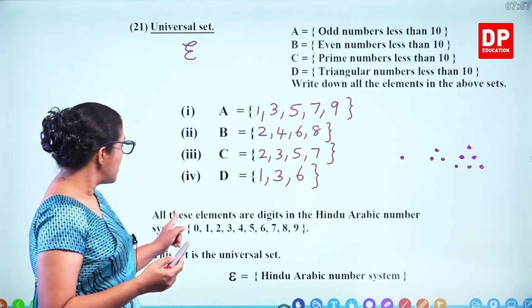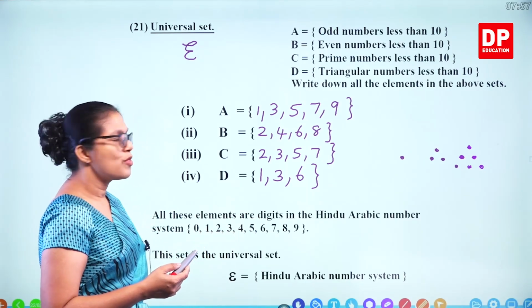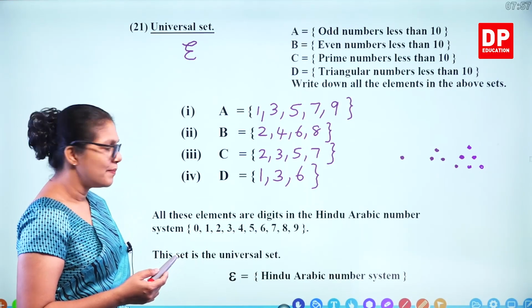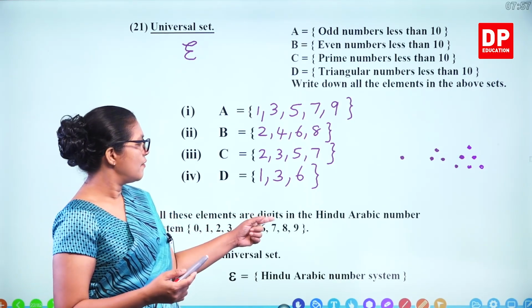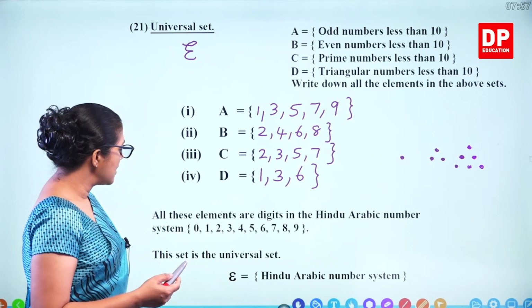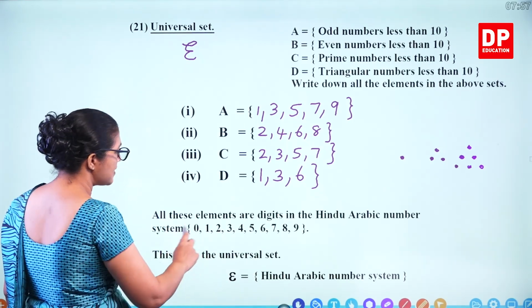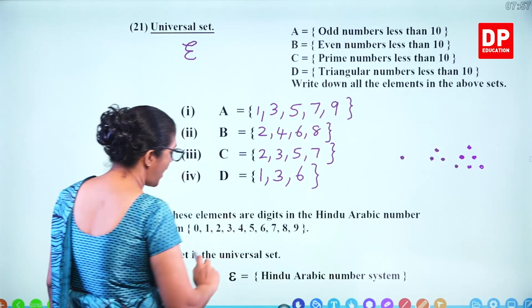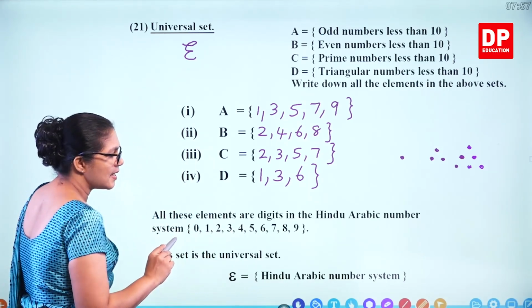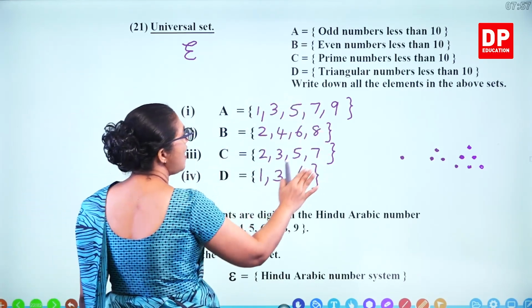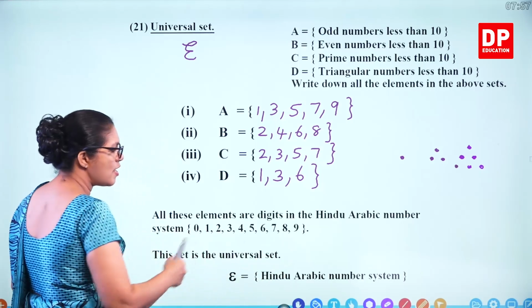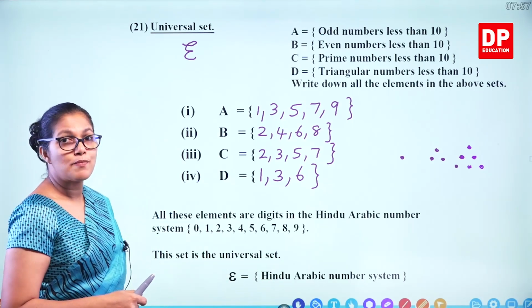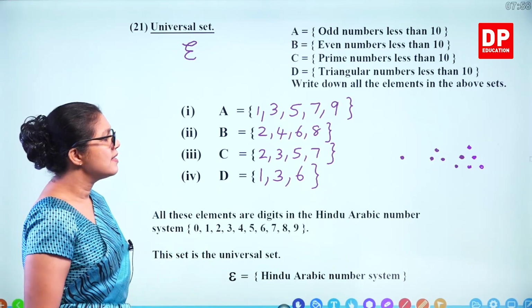Those are elements from the Hindu-Arabic number system. We call those digits. So we can say 0, 1 up to 9 is the universal set, because all these are digits from the Hindu-Arabic number system.